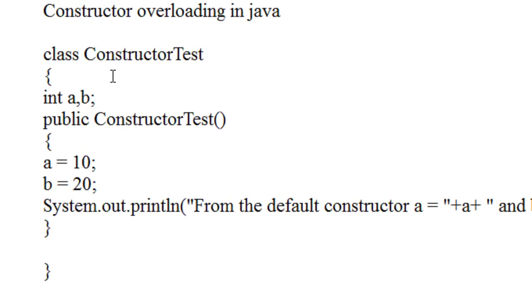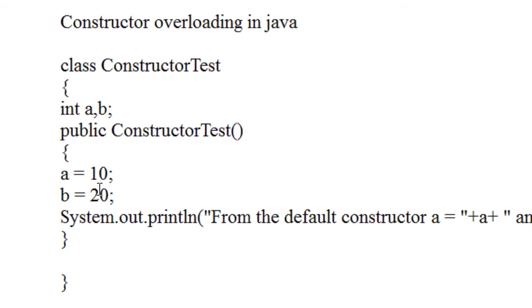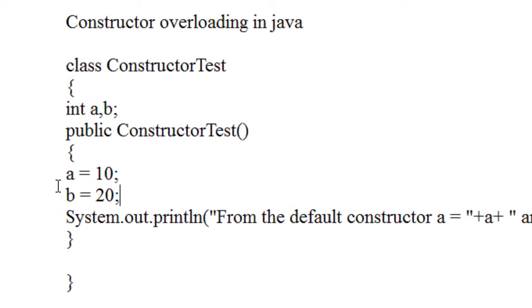So in this class, the class name is ConstructorTest. Here there is a constructor of that class. In that class I just assign two values for the variables a and b.